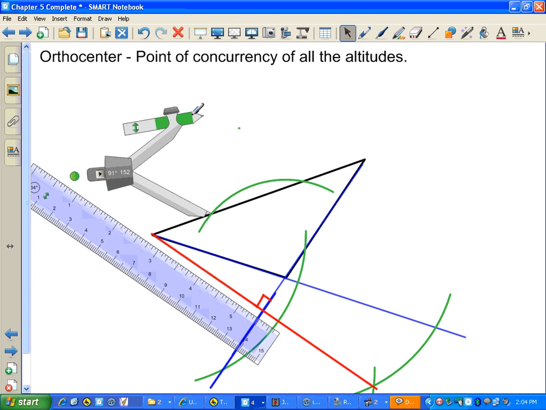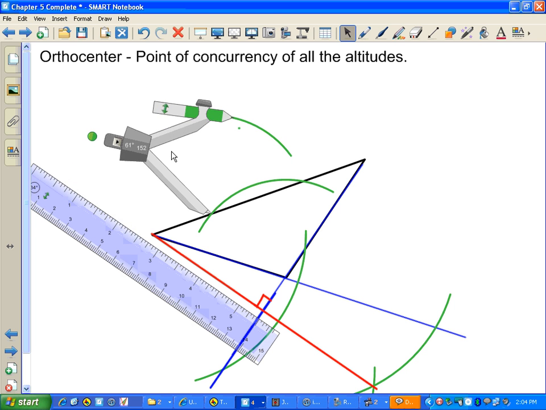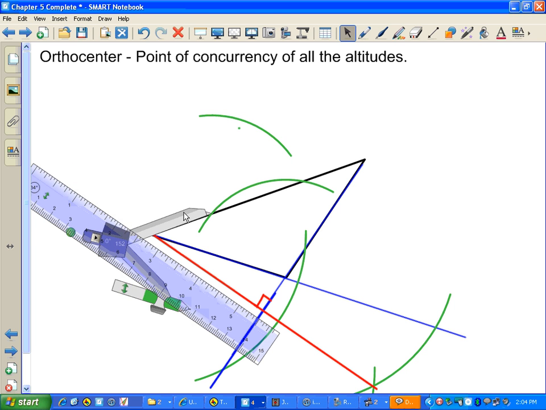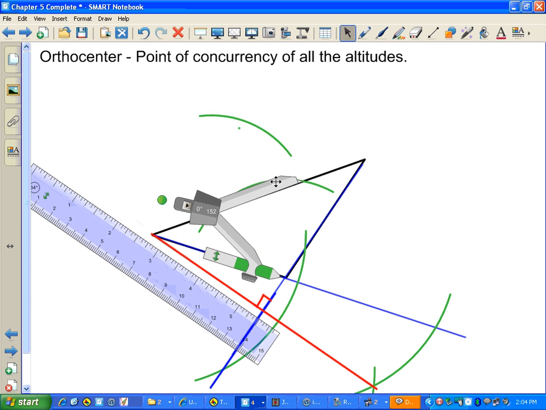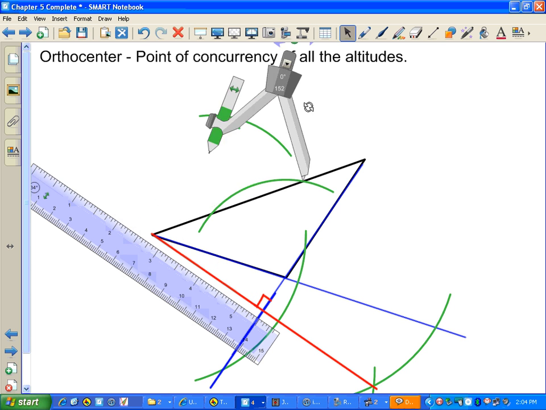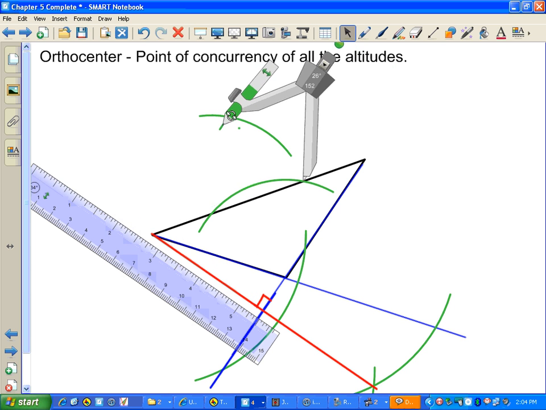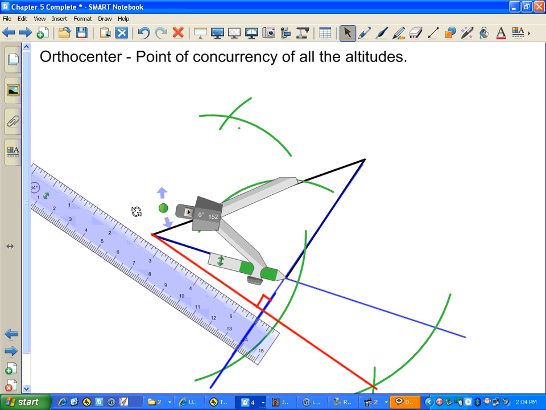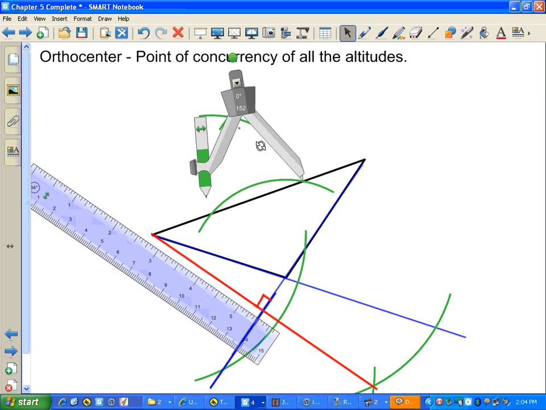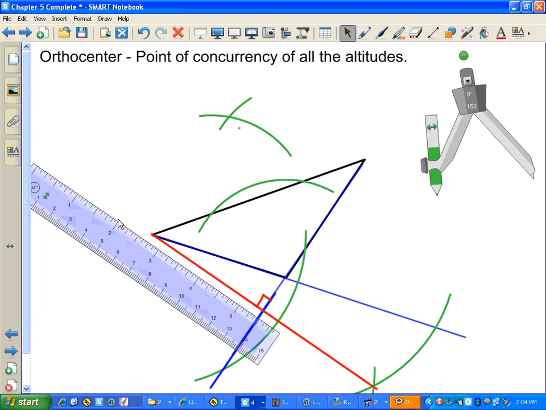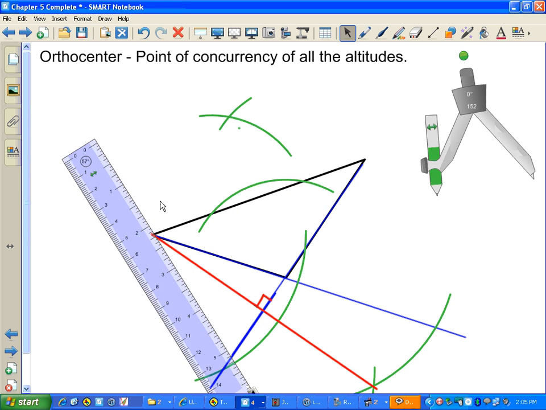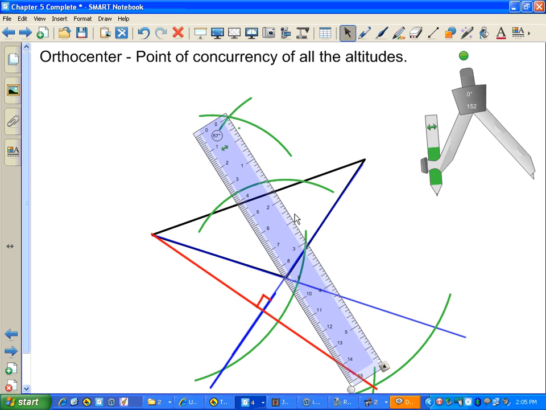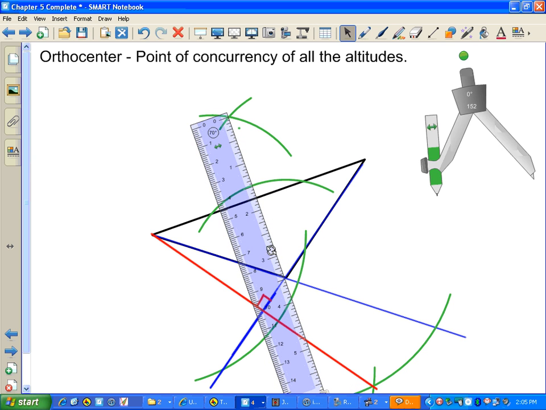I know it's going to touch that vertex. I just need to know where it's crossing down here. You can confirm that it touches your vertex right there. So I'll connect these to get my next altitude.